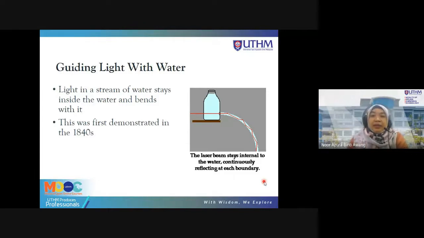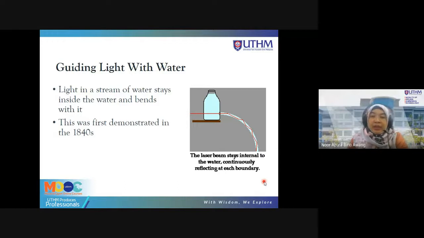The light goes straight inside the water and seems to bend with it, but actually the light cannot bend. If you see a torchlight, an LED, or a laser pointer, they will go straight.